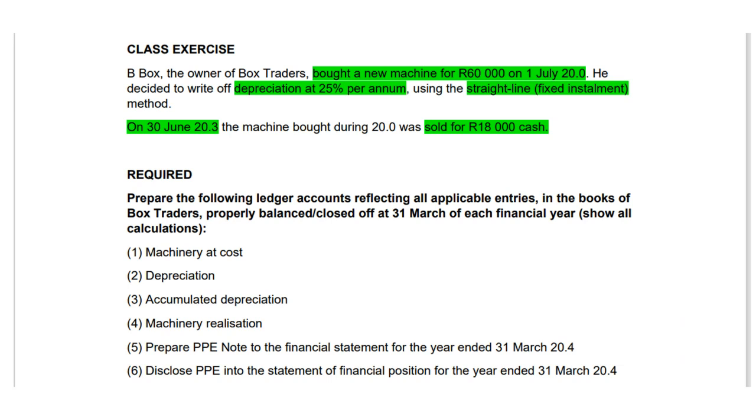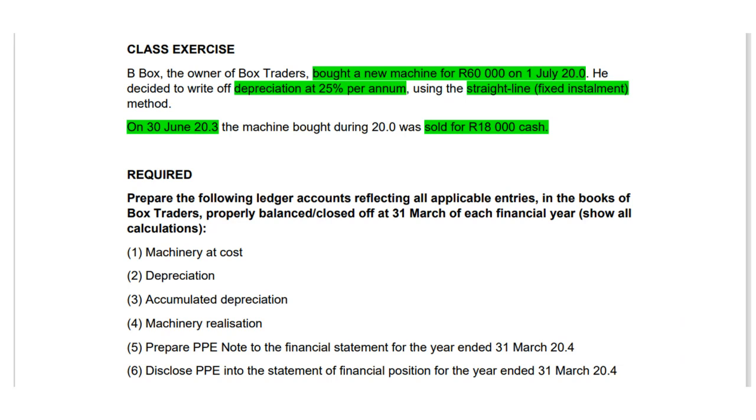He decided to write off the depreciation at 25% per annum using the straight line method, or the fixed installment method. We've already covered this method that we can use to calculate depreciation. They will tell you for that specific trader or entity what their depreciation policy is. But here we're being told that they are using the straight line method.